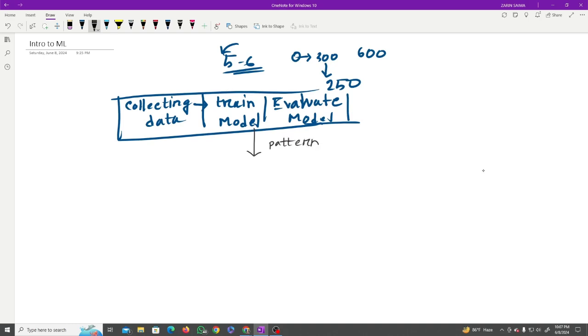And after that, the predicted value: we finally came to a conclusion, okay, we want to buy it within 250 taka, which was our predicted value after going through all these stores.